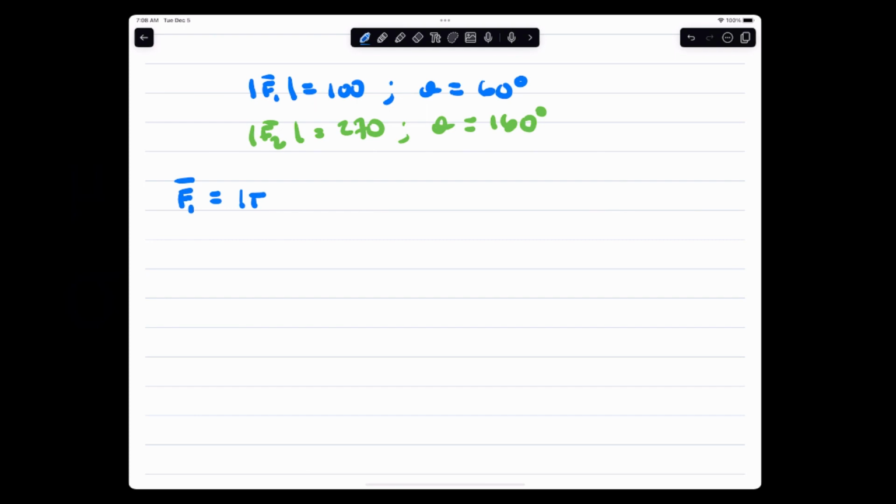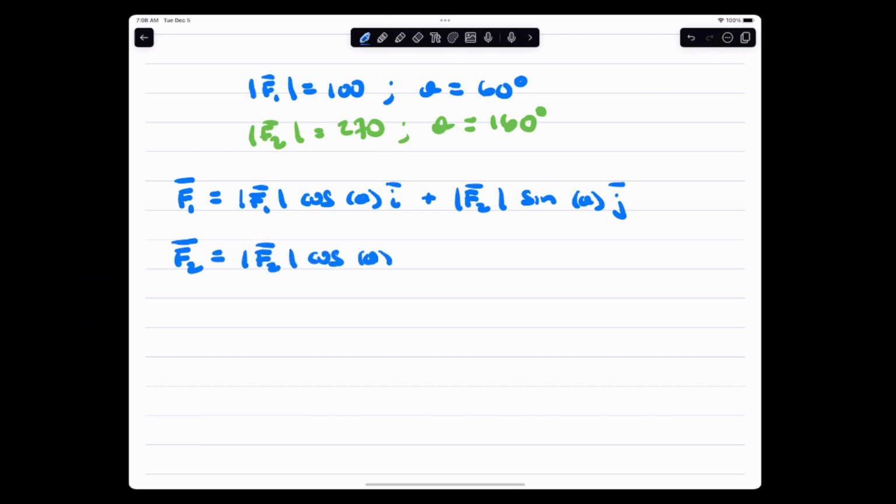Let's write this down. And actually, let's do that in green so you guys can see this a little bit better, maybe.